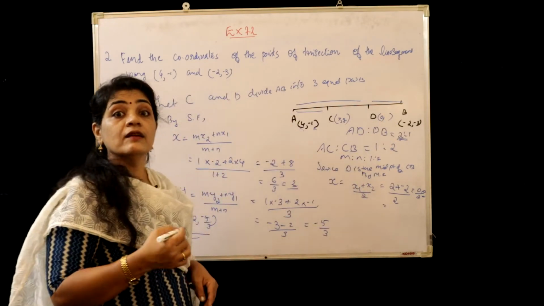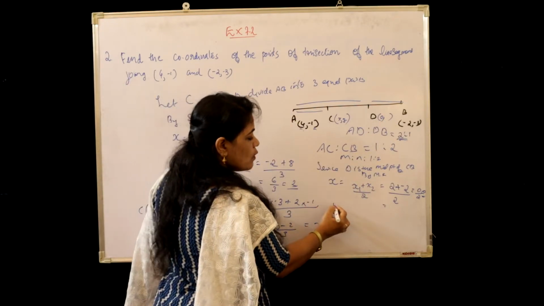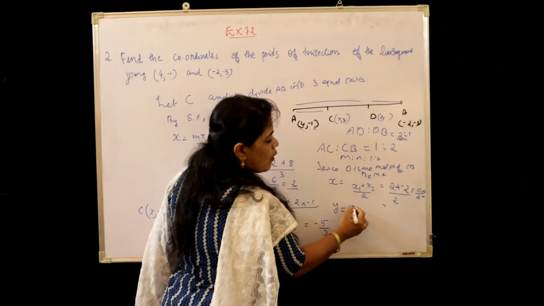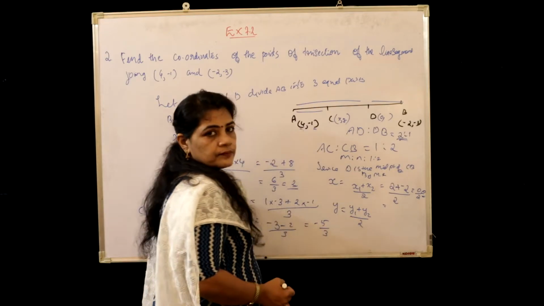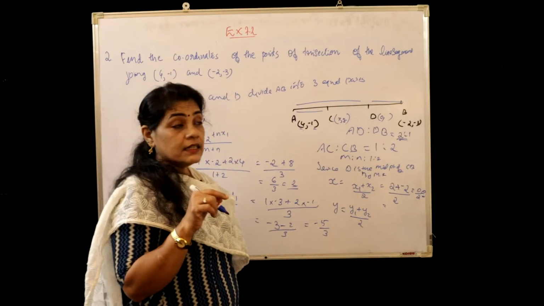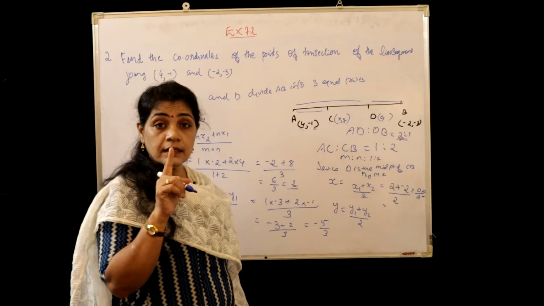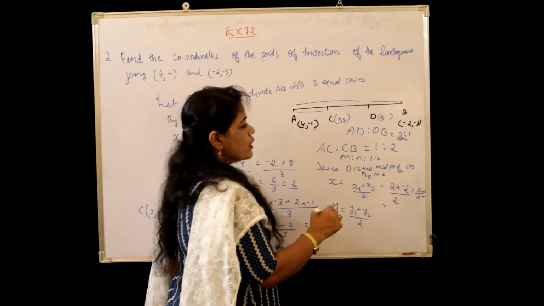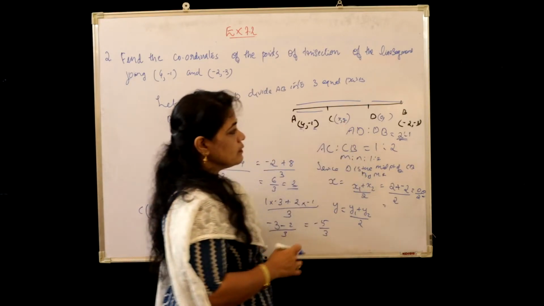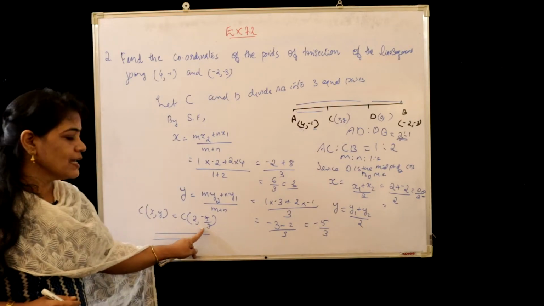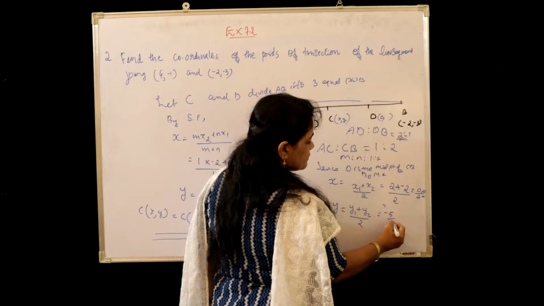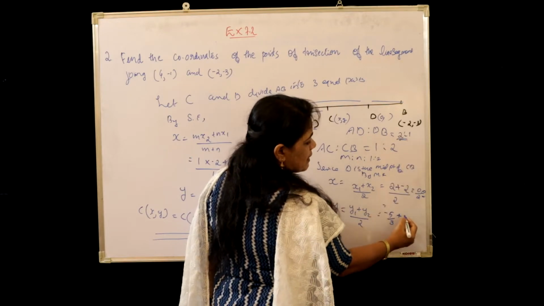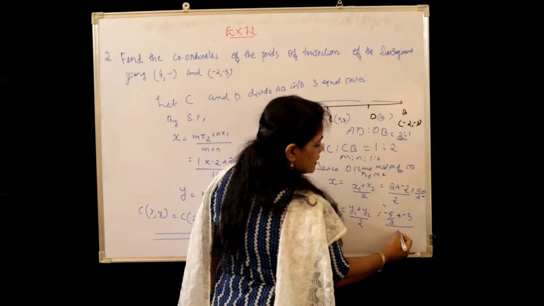And what we need? We need the y coordinate. So the y coordinate by section formula, y1 plus y2 by 2. We have considered that D is the midpoint of CB. So y1, which is the y coordinate, that is minus 5 by 3, plus y2, minus 3, divided by 2.